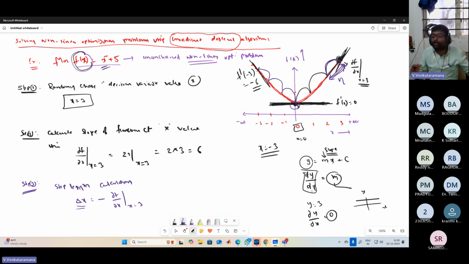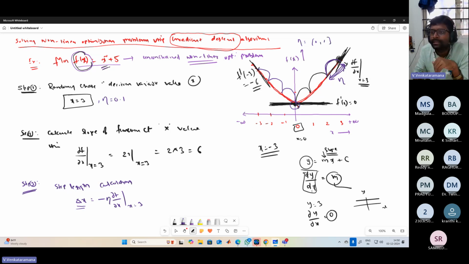Generally, the value of eta lies between 0 and 1. We will discuss the learning rate's impact on updating the decision variable later. Initially you can choose some value, like eta as 0.1.